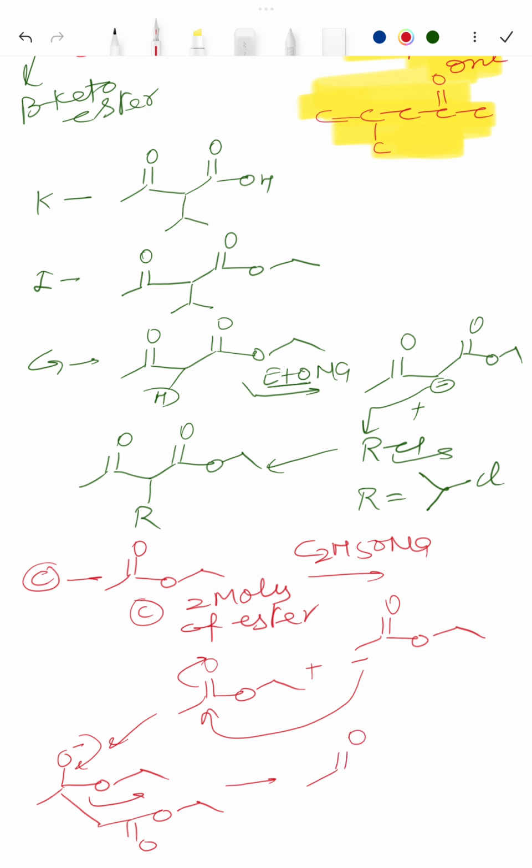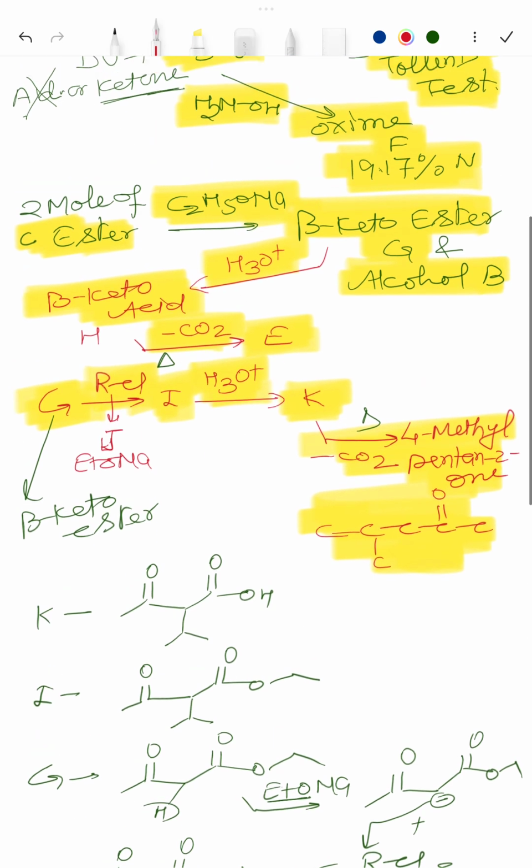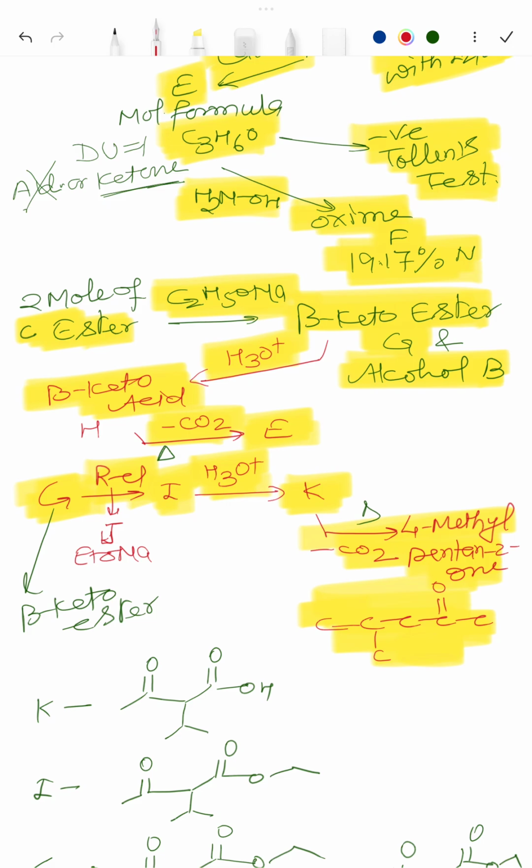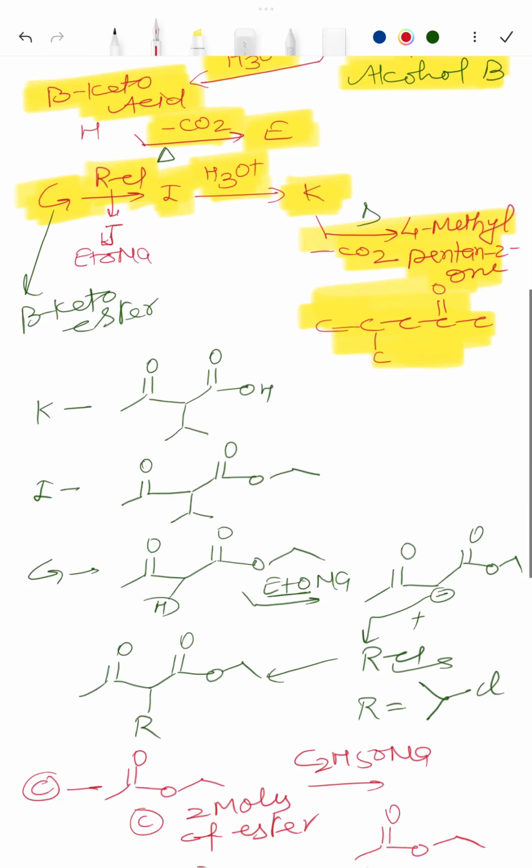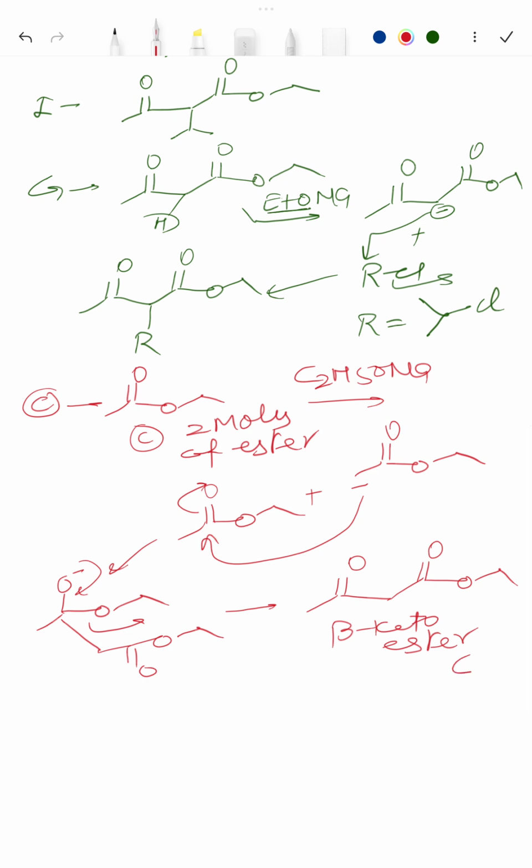So here C double bond O and this leaving group will be removed from here, and this is also known as the beta keto ester. So one of our compounds will match from here. This G compound will match from here. So 2 moles of ester react with C2H5ONa to form beta keto ester G. So this is actually G. Okay, and alcohol.